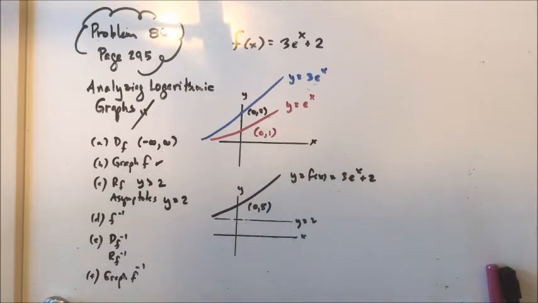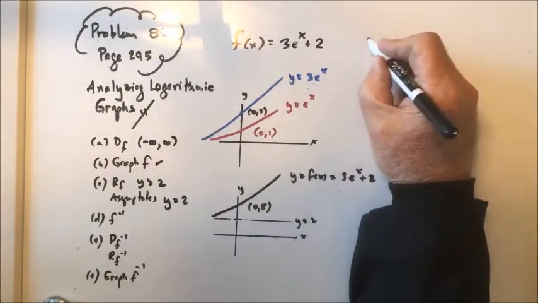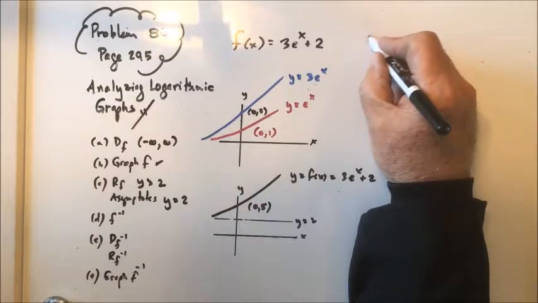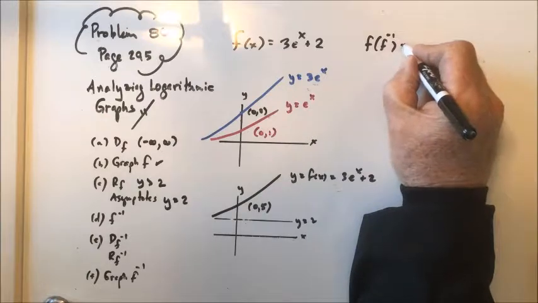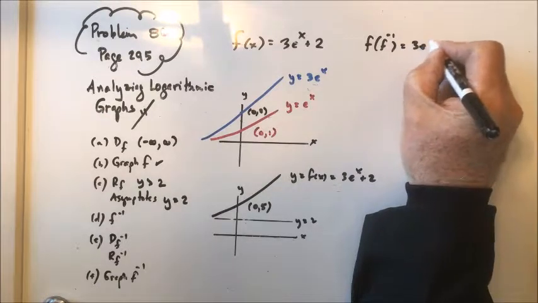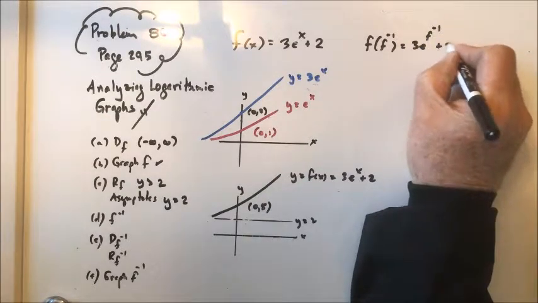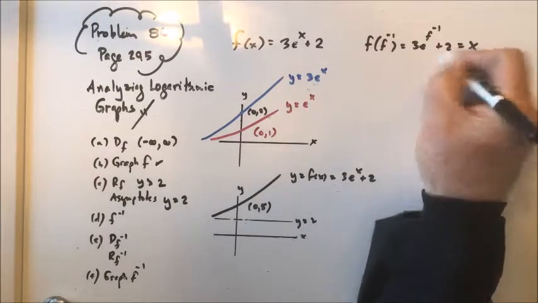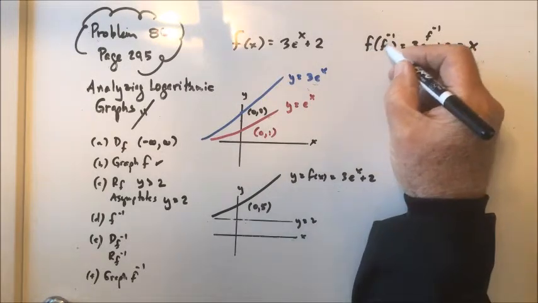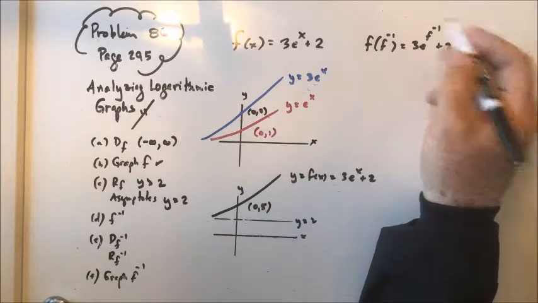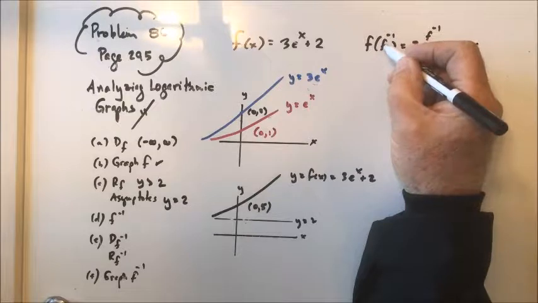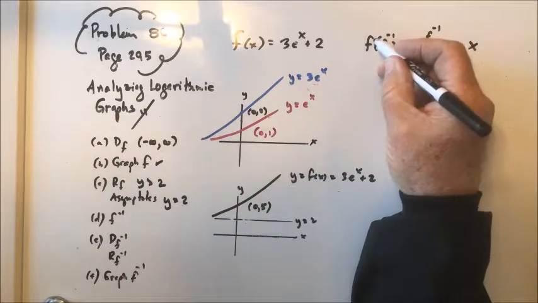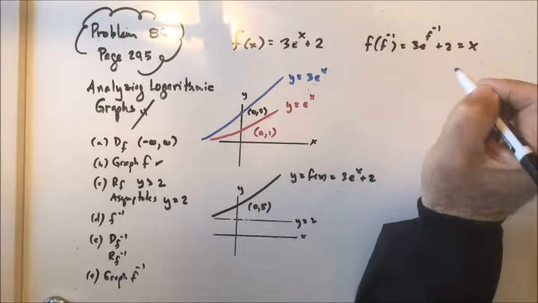So next step, let's go and find the inverse to f. This now is a pretty familiar procedure to you. Let's change out x for f to the minus 1, 3 e to the f to the minus 1 plus 2. We know that this value then is equal to x, since f and f to the minus 1 are inverses. They undo one another. Start with an argument of x, run it through f to the minus 1, run it through f, you'll get x right back.